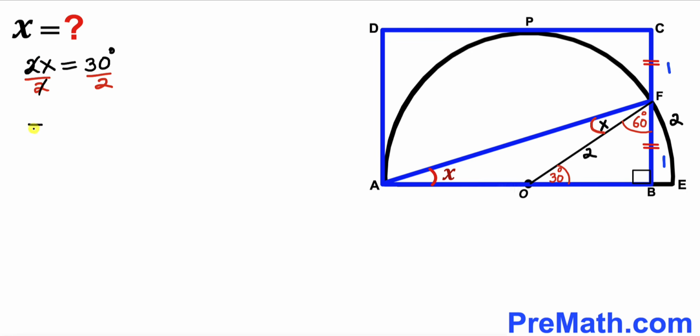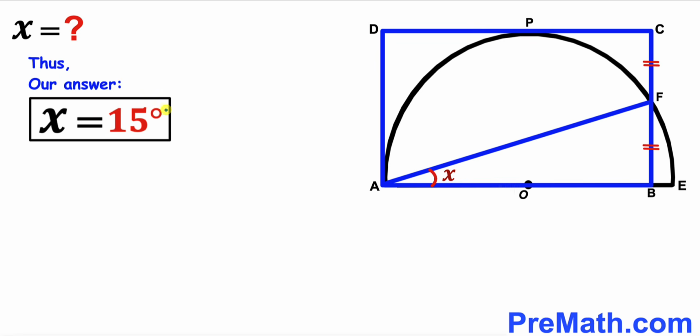So our angle X value simply turns out to be 15 degrees. Thus, after all the calculations and manipulations, our angle X value turns out to be 15 degrees, and that's our final answer.